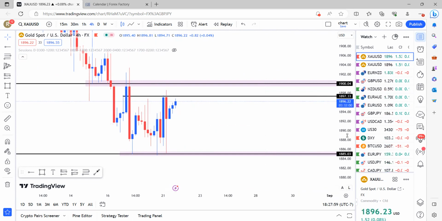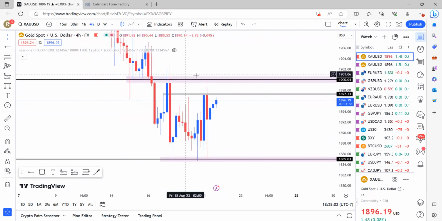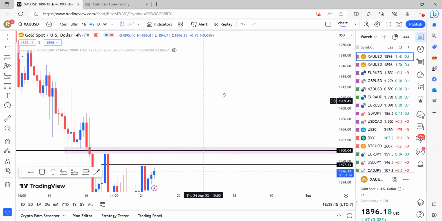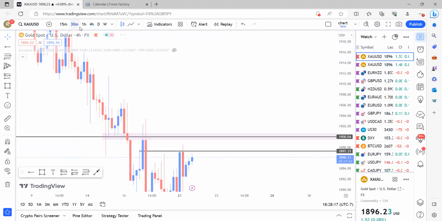I do like buys now, especially if you're getting them at levels of support. So I don't want to start buying here. The only time I'm going to buy around the 1900s is if we fully break above and are retesting this area during higher volume times in order to retest potential highs or create new highs.